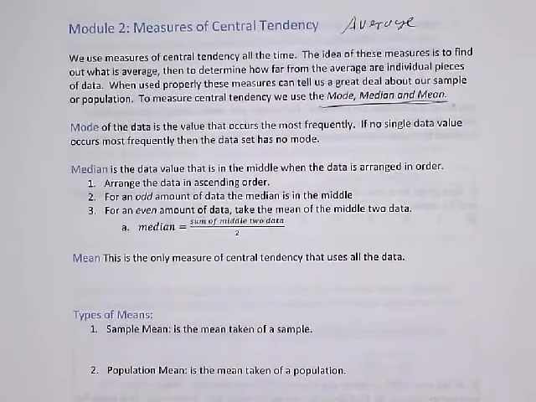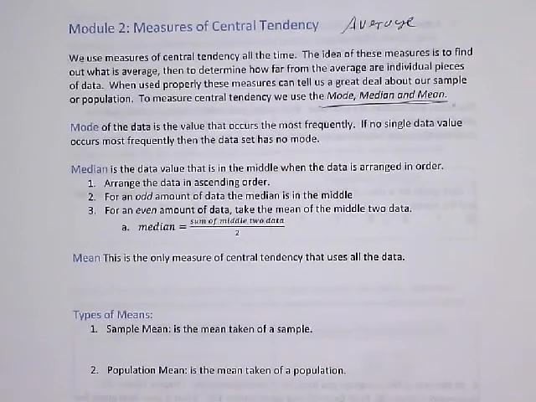Okay, so we're looking to find out what is average. So there's two parts to this when it comes to measures of central tendency. The first thing we're going to talk about is what is average and how do we calculate averages. Once that's done, we're going to look at how far away from the average we are, and that's measures of variance.